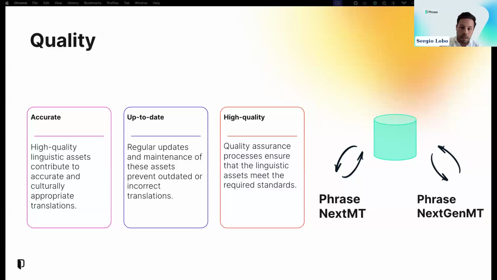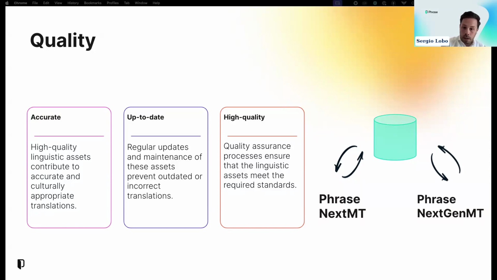This dual approach of custom MT training and adaptive translation ensures that our machine translation solutions are both powerful and flexible to leverage our customers' linguistic assets with precision and efficiency.